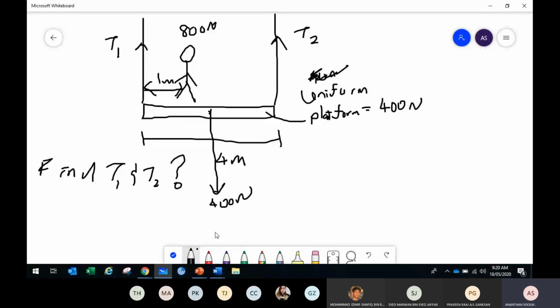T1 is what? T2 is what? With two unknowns, you need two equations, of course. The easiest is the net force, which gives you one equation, and moment can give you another one.